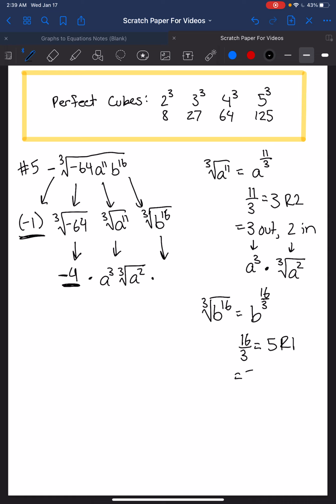So this tells me 5 out, 1 in. This is how many can come out of the radical. This is how many have to stay. So we have b to the 5th times cube root of b to the 1st.